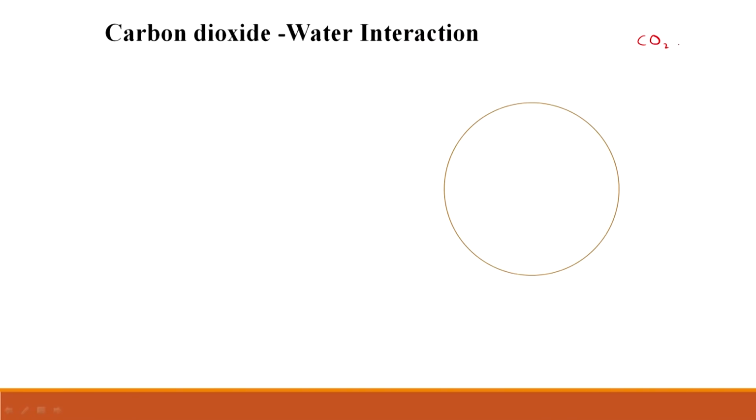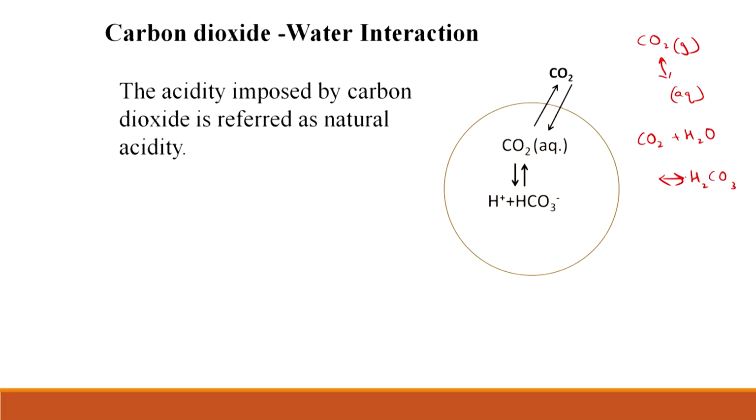So, again we are back to carbon dioxide water interaction. What is going to happen to carbon dioxide that is in the gaseous phase? It is going to dissolve into water, the aqueous phase. In the aqueous phase, CO2 plus H2O, you are going to have H2CO3, the carbonic acid, and that is what we have out here, carbon dioxide aqueous, more or less meaning H2CO3.